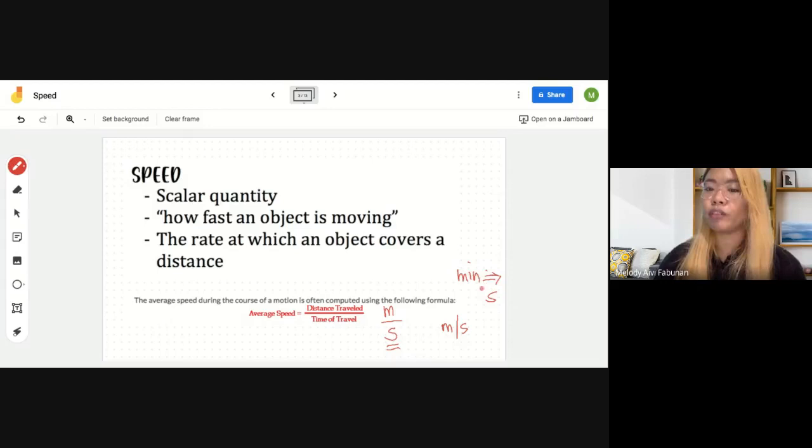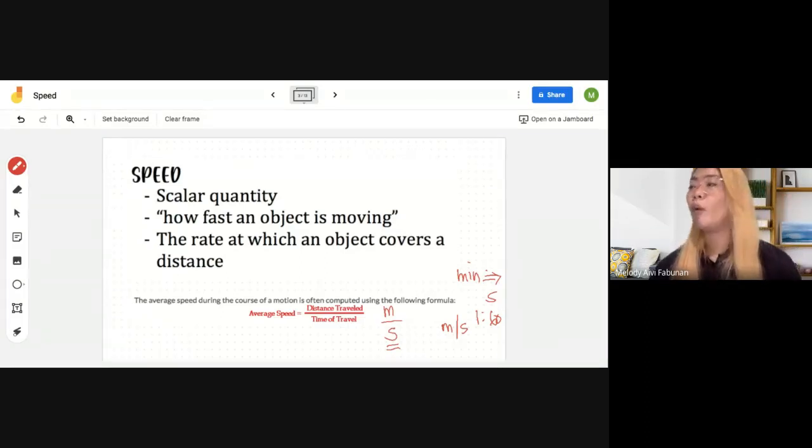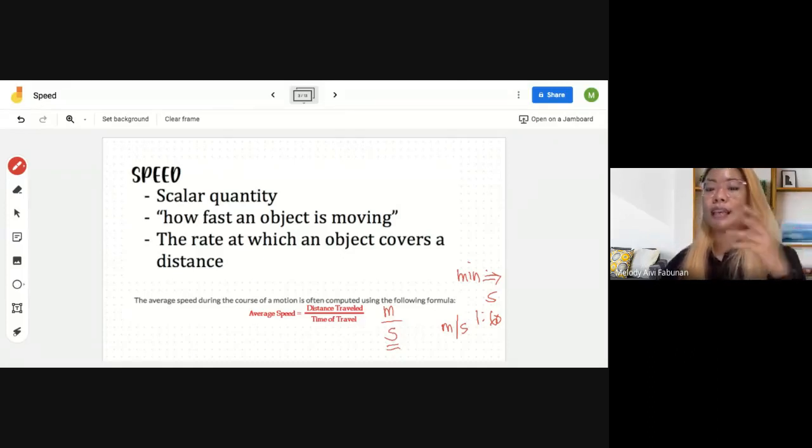Remember that 1 minute is always equivalent to 60 seconds. So if the given is 1 minute, that's equivalent to 60 seconds. If it is 2 minutes, then automatically it's 120 seconds. Take note of that. You need to make sure that everything is in the correct unit.